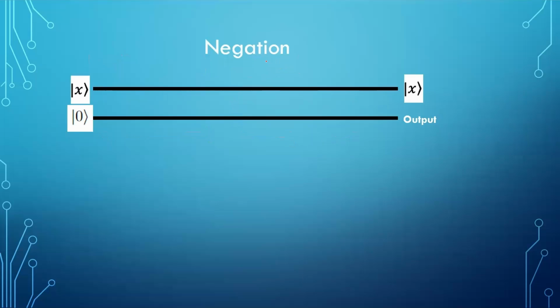Now the last one is the negation. And we know that if we have the same thing as the identity, but add to it a negation at the end, then if you send here, let's say 0, this 0 will not be affected here. So it will be flipped to 1. And if you send 1 here, the 1 will flip this 1. So you will get 0. So this is for the negation.